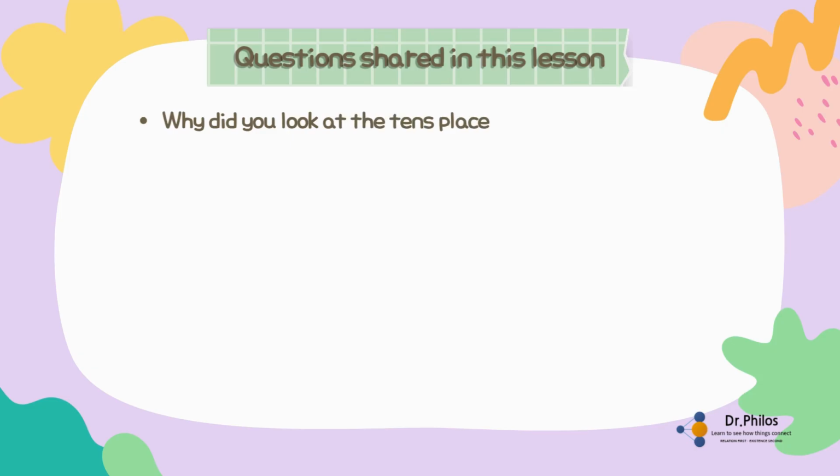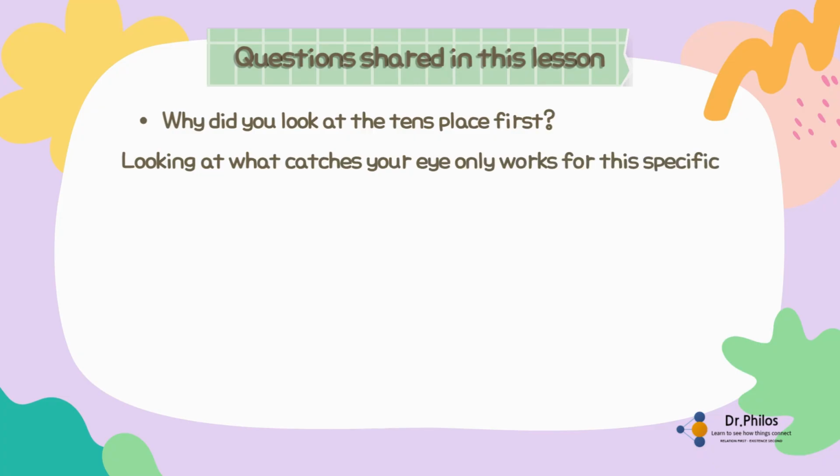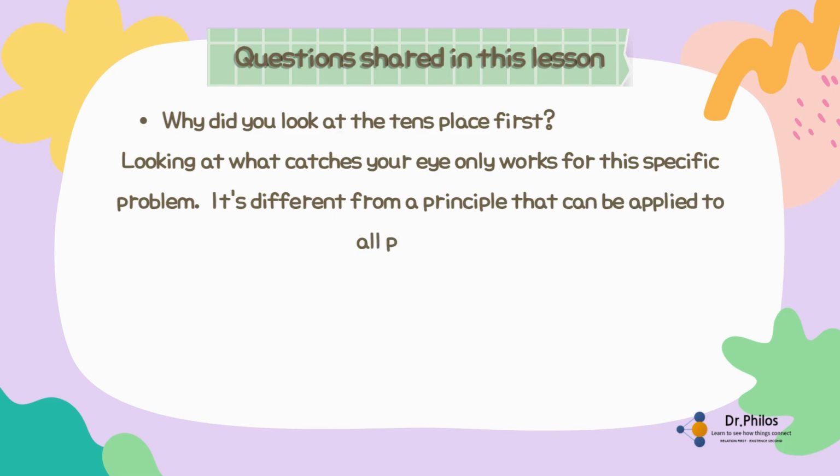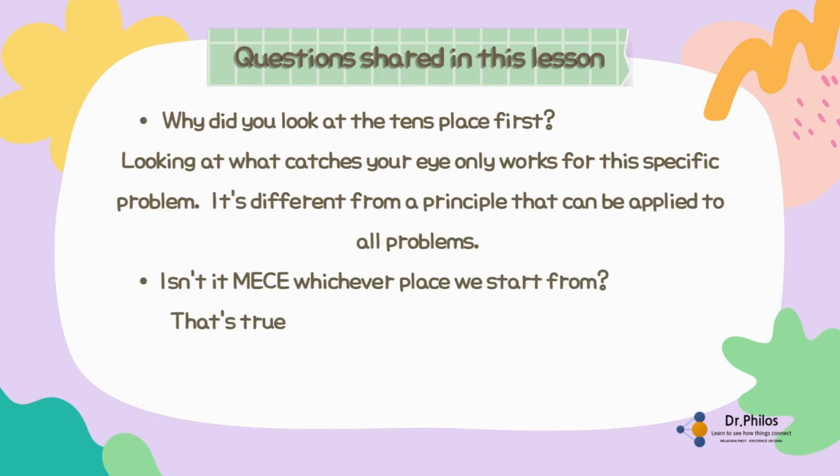Why did you look at the tens place first? Looking at what catches your eye only works for this specific problem. It's different from a principle that can be applied to all problems. Isn't it MECE whichever place we start from? That's true.